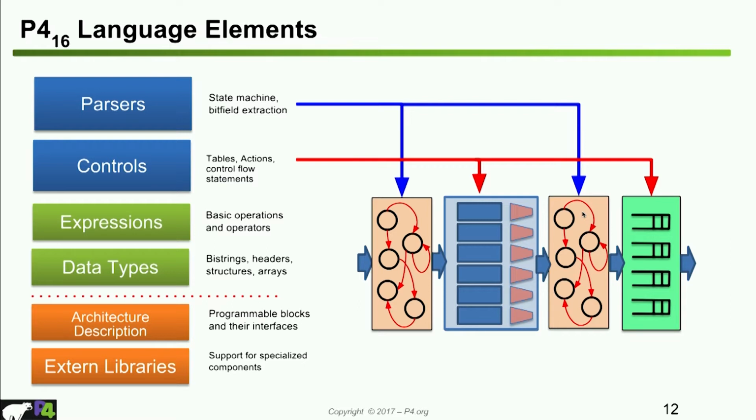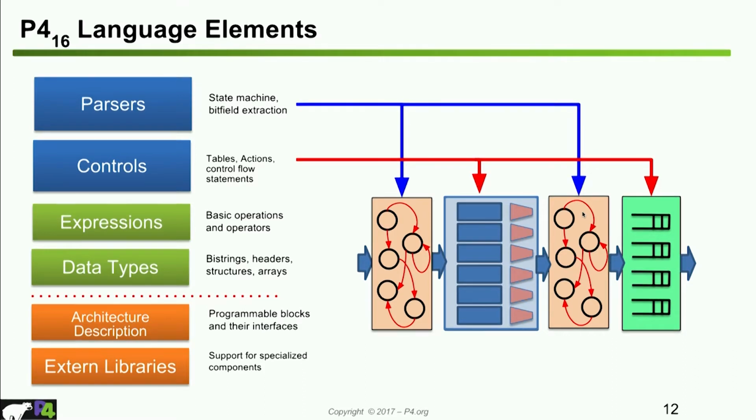You, as the P4 programmer, define the functionality of these parsers and controls, and they're built using the various expressions and data types that are provided in the language. On the other hand, these orange boxes listed here, the architecture description and the extern libraries, are provided by the vendor of the P4 programmable device. The architecture description is responsible for specifying some particular configuration of these parsers, match action tables and deparsers.